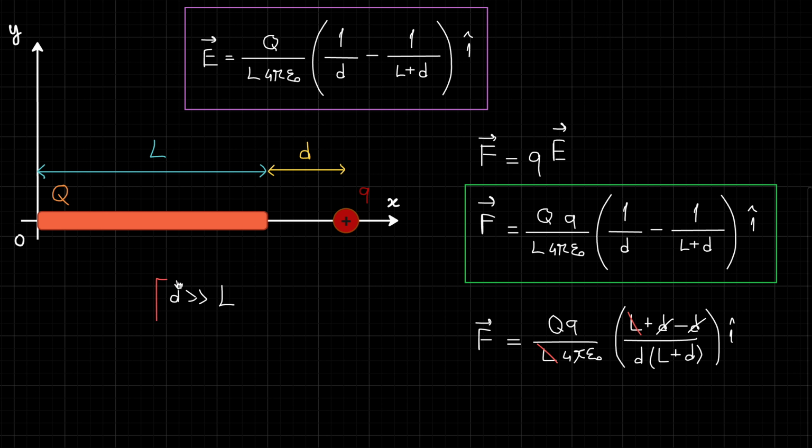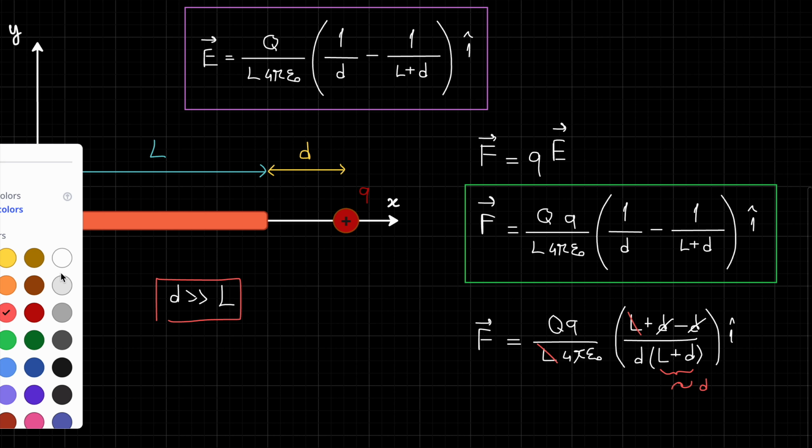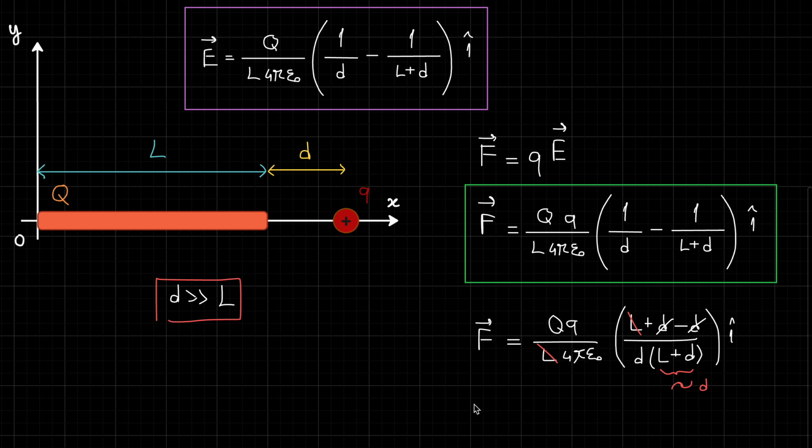If d is much greater than L, we can replace this approximately with just d, right? Because capital L is much smaller. So the denominator goes to d squared, basically.